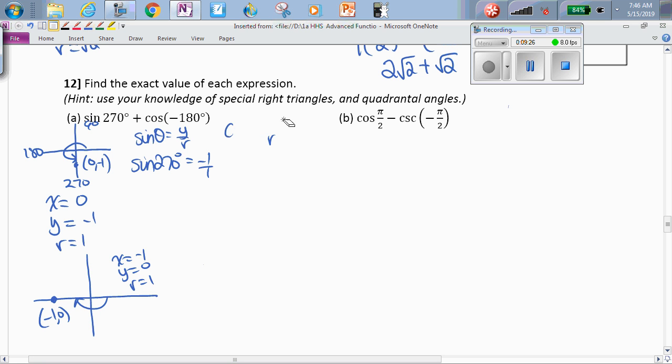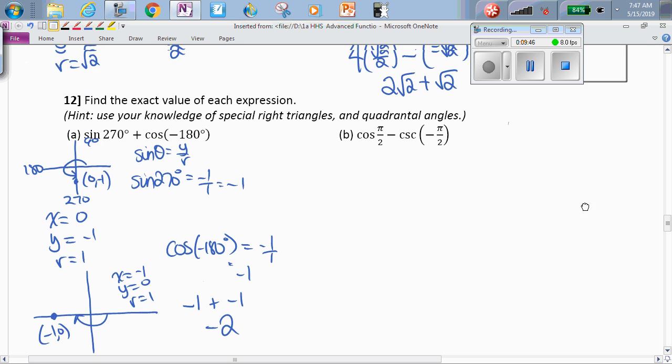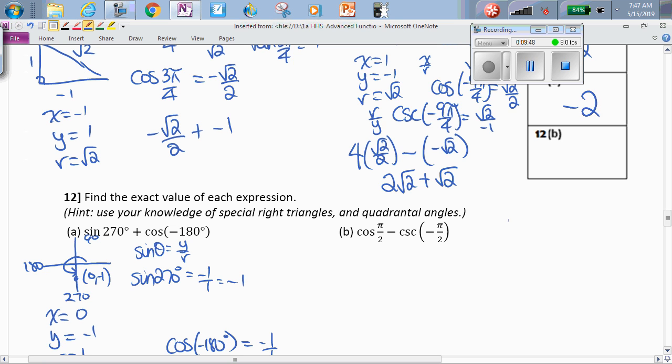So cosine is x over r. Cosine of negative 180 degrees is going to be negative 1 over 1, so just negative 1. So both of them are just negative 1. So looking at what we have to do, it's going to be negative 1 plus negative 1, or final answer, negative 2. So that goes right here.